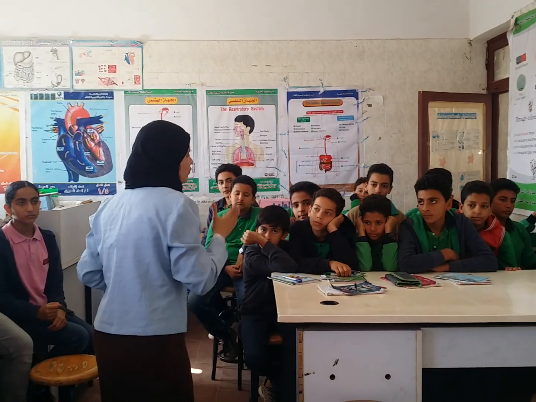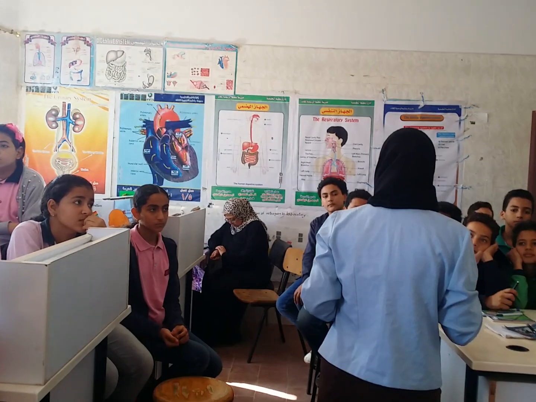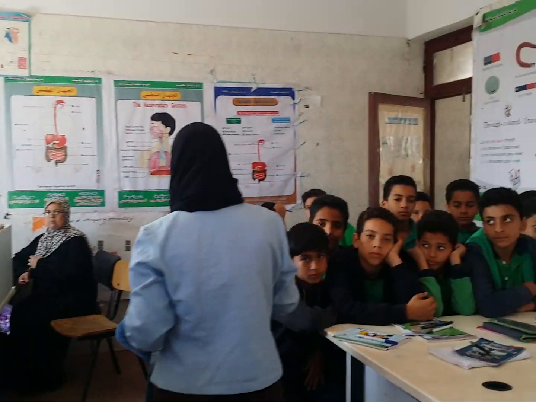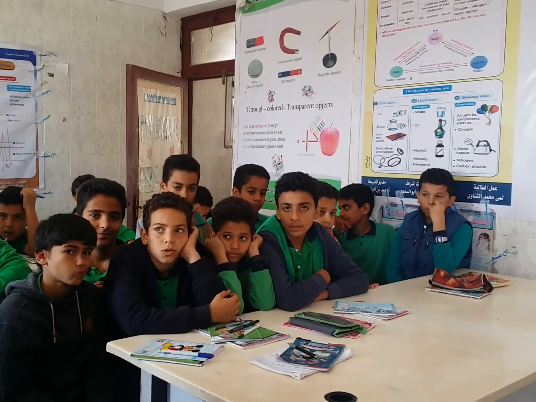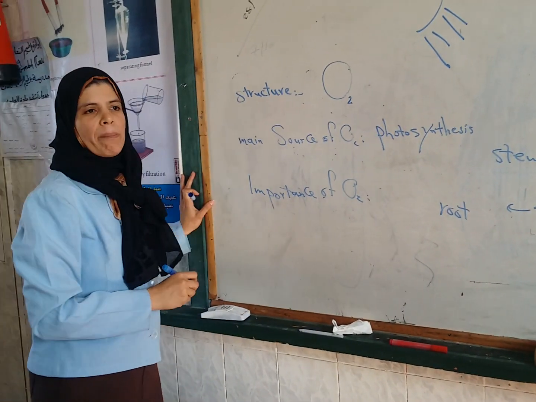So this is called the photosynthesis process. It represents the main source of oxygen production in our life. Okay? Oxygen is important for number one, yes?